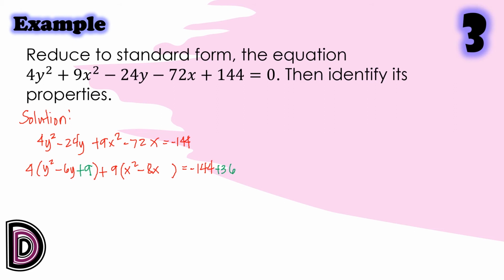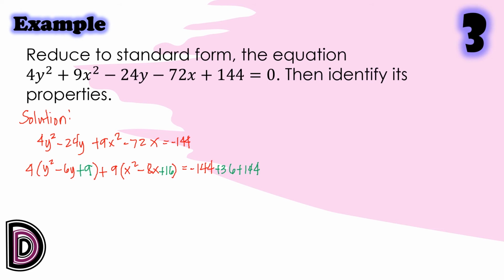In x squared minus 8x, to complete the square, we have negative 8 divided by 2, that is negative 4. Square, that will be 16. Hence, we added 9 times 16 to the left-hand side. To the right-hand side of the equation, we will also add 9 times 16, and that is 144.